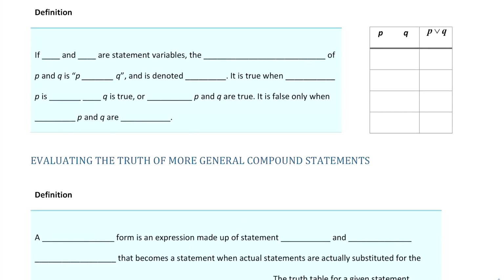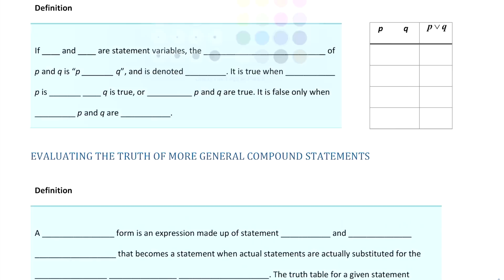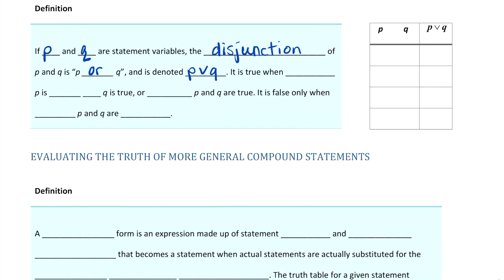Okay, so now, here we go. If P and Q are statement variables, the disjunction, yes, you want to know these words and definitions, of P and Q is P or Q and is denoted with the logical or symbol.